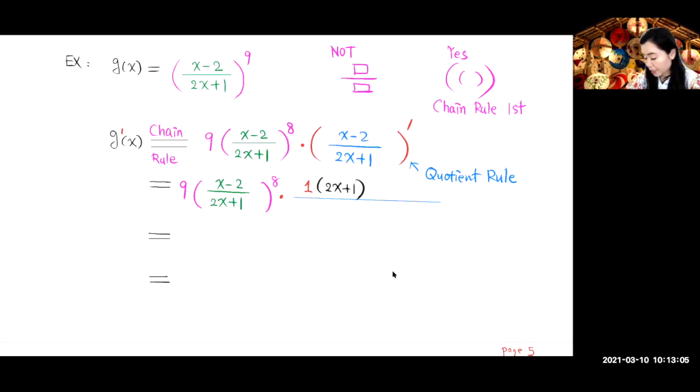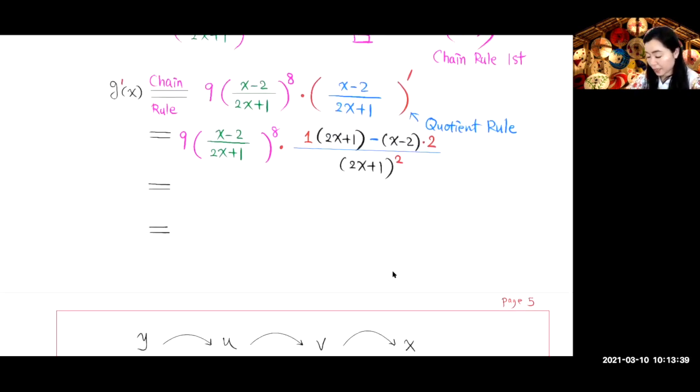And then minus. Now the function on top, we just copy. So we have x minus 2 times the derivative of this function down here, which is 2. So times 2. And then over the denominator here to the second power.